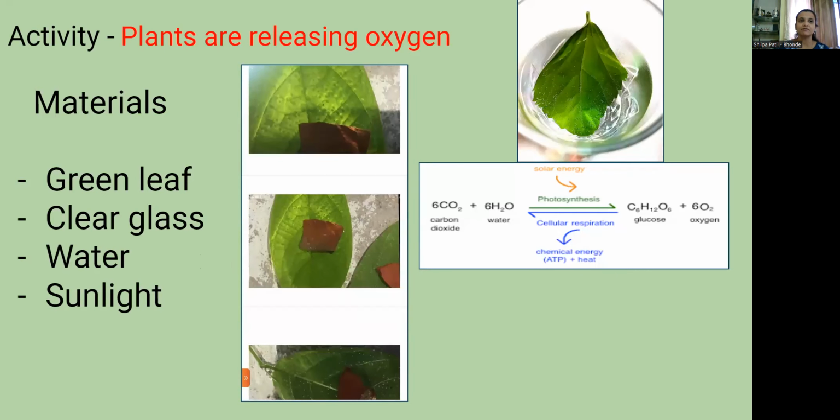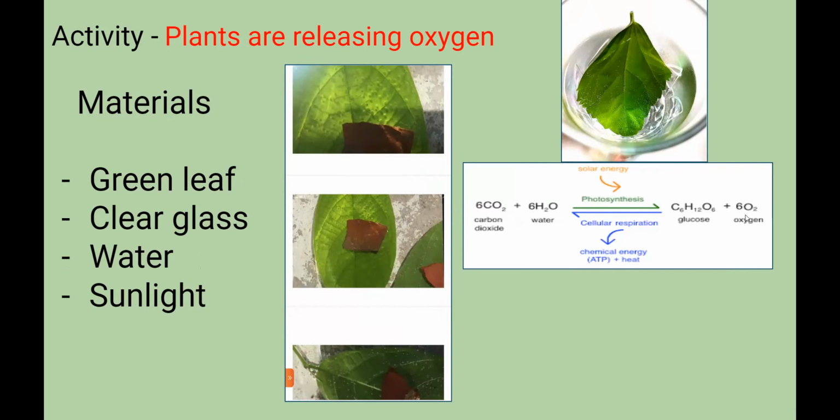Then the teacher can give an activity. The chapter starts with the reaction of photosynthesis. Carbon dioxide and water molecules are the reactants, and the products are glucose and oxygen. In this reaction, oxygen is released as a gas, in the presence of light and chloroplast.